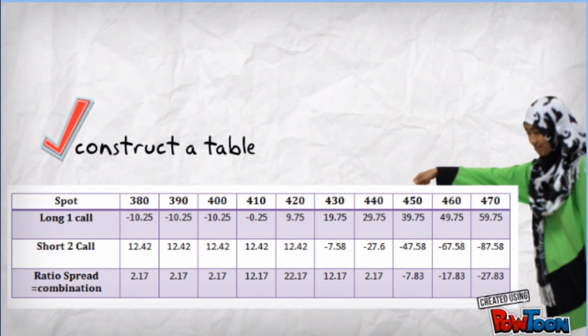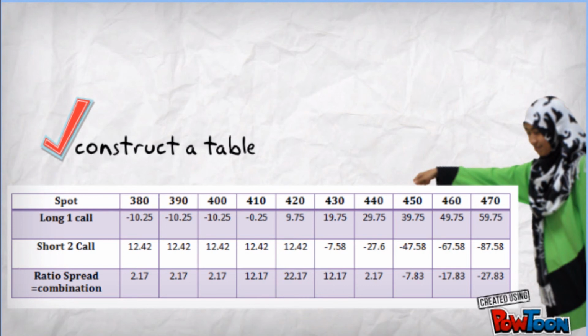The buyer of the option does not have any loss from the spot price 420 until 470 because the spot price is greater than the strike price. Next, I am going to calculate the profit for the short 2 call options, where the strike price is 420.